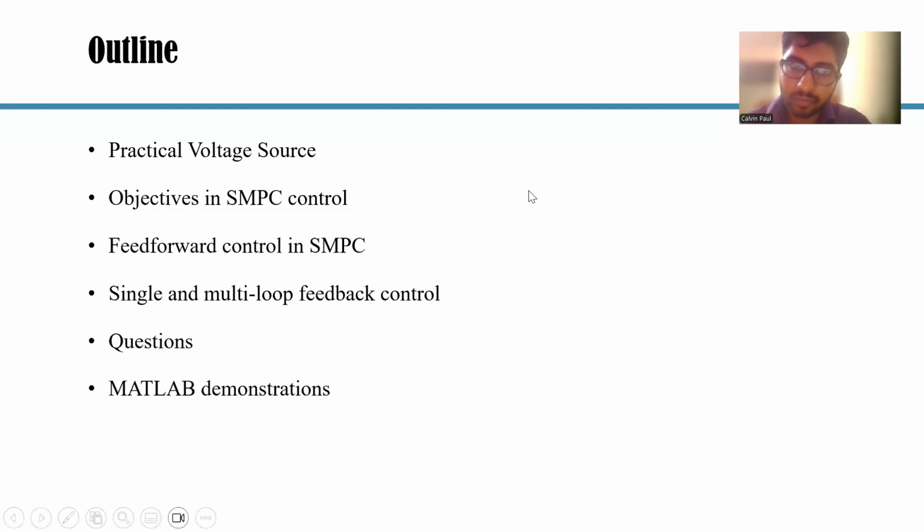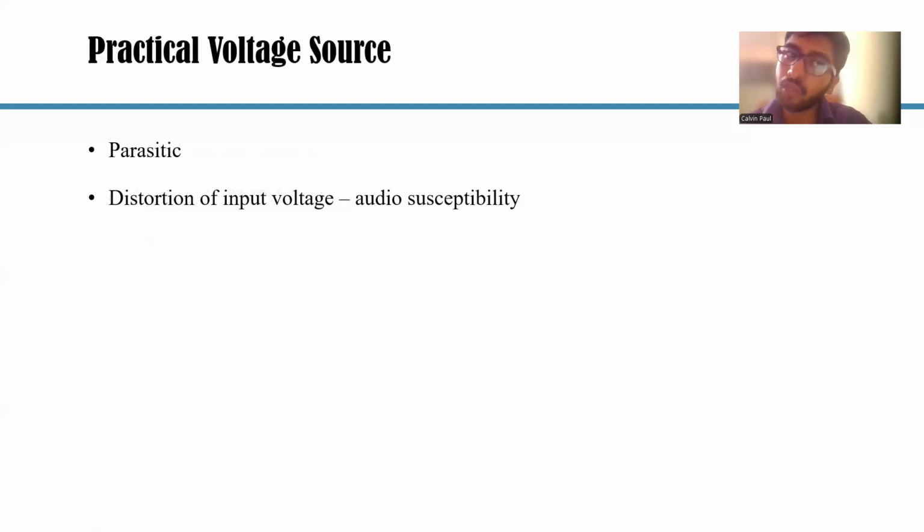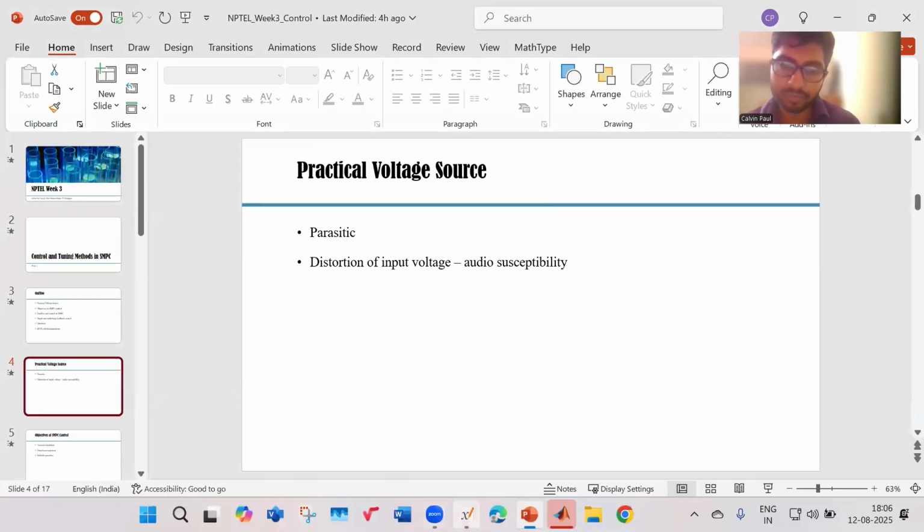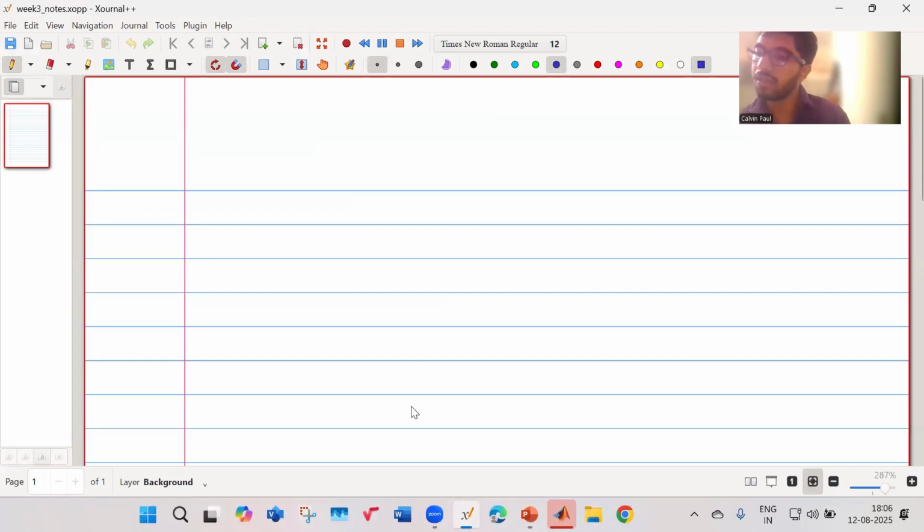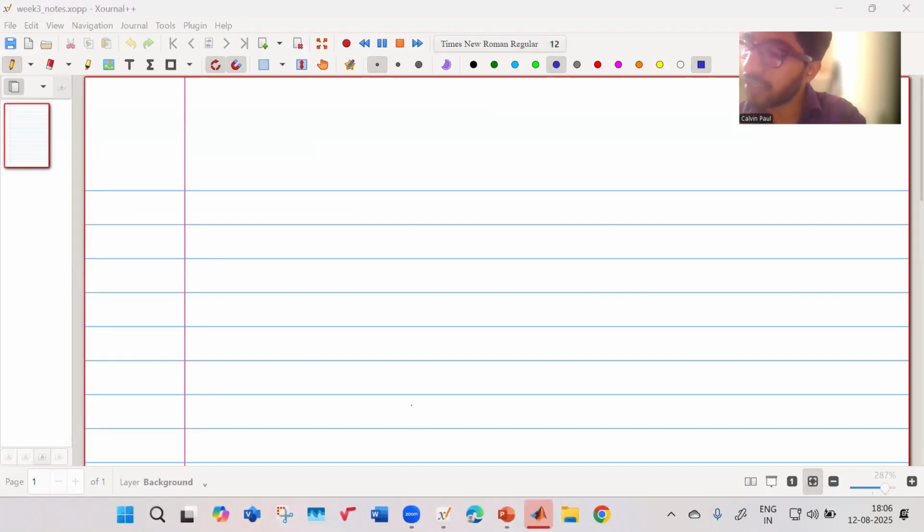Okay. So let us start with a practical voltage source. What do you think is a practical voltage source? We have what is known as a practical voltage source.